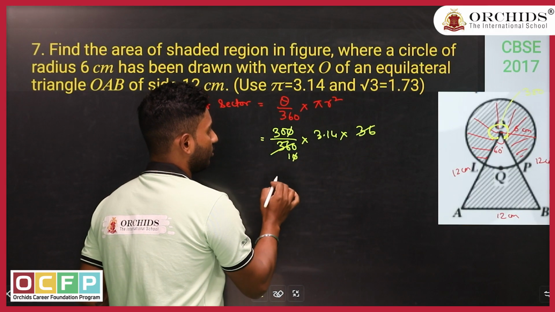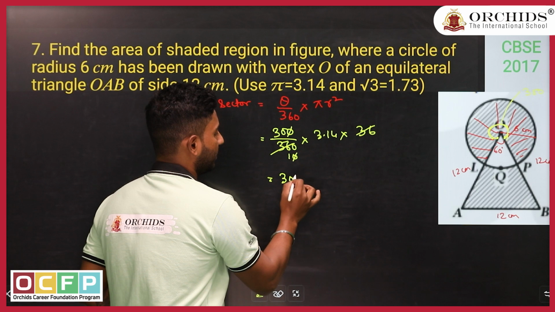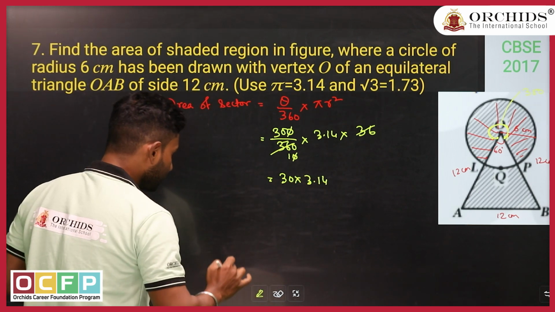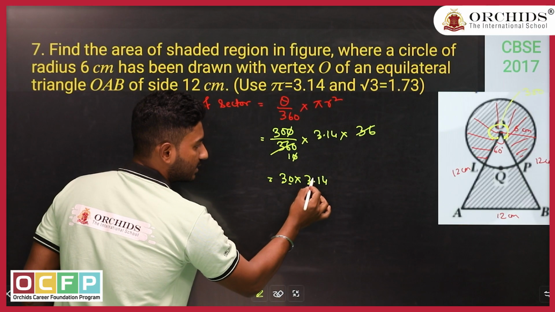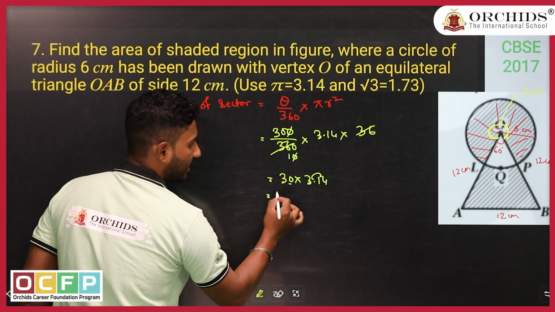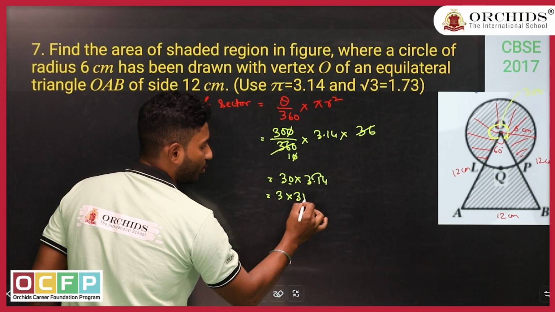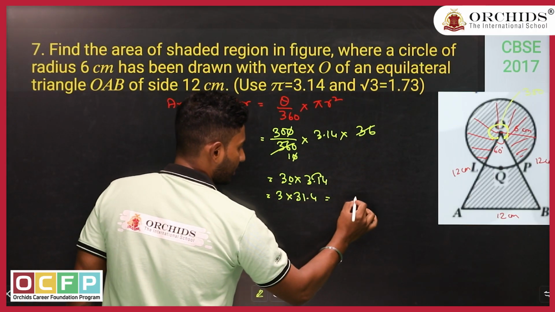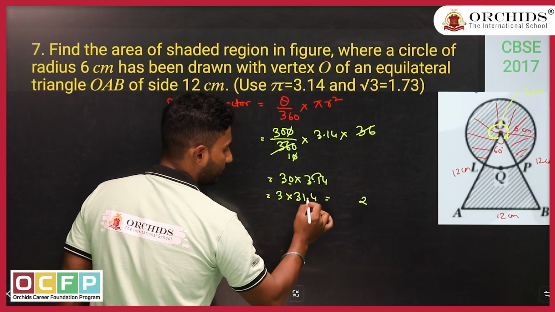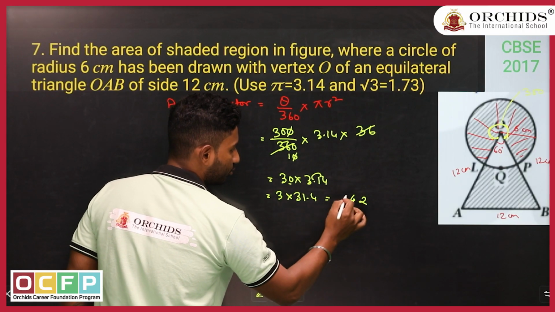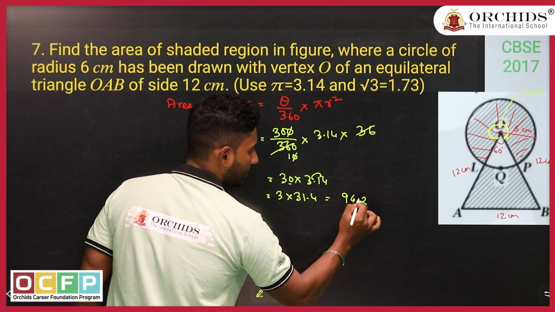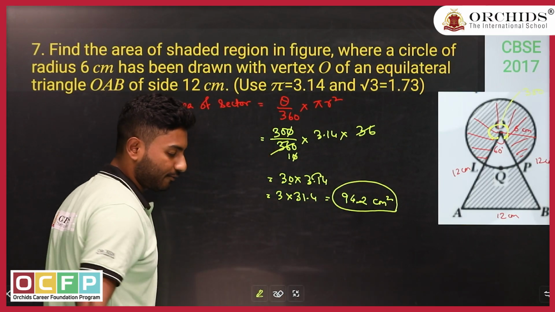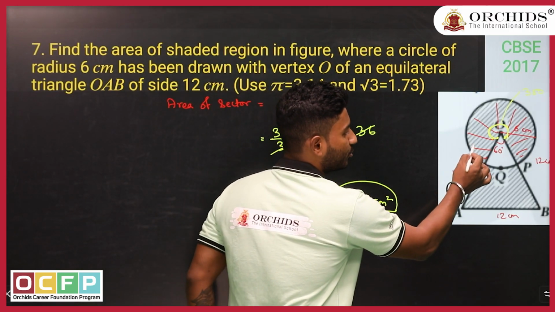We are left with 30 into 3.14. Because of this 10, the decimal will shift. So I can say 3 into 31.4, which turns out to be 94.2 centimeter square. This is the area of this portion.